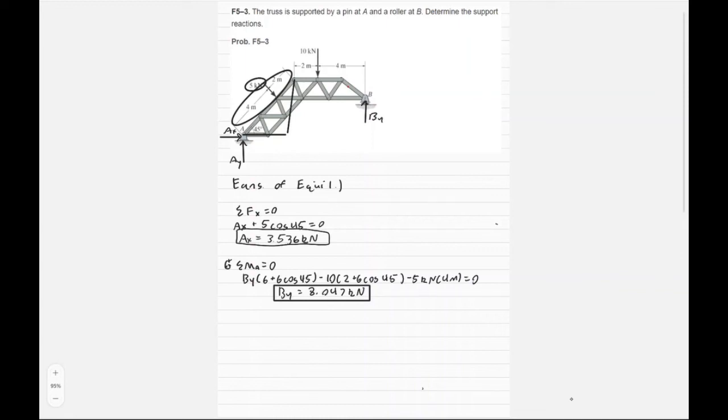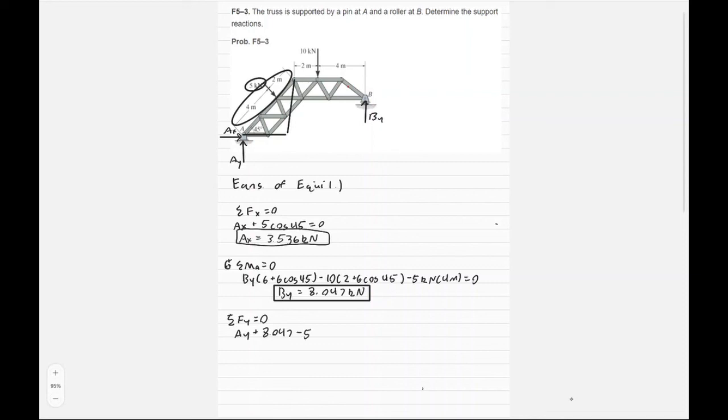Finally, let's do the sum of the forces in the y direction. Those are equal to 0. So you have A of y, which is one of the forces that we're trying to solve for, plus the 8.047 that we just solved for, that's the B of y, minus a 5.